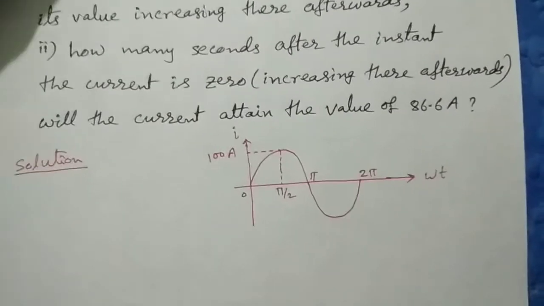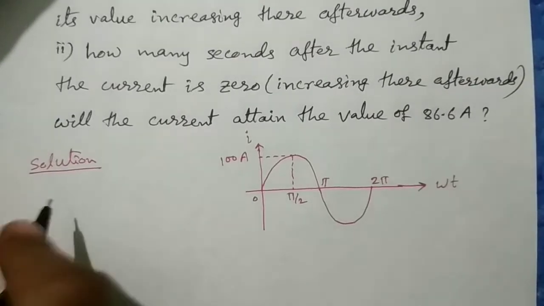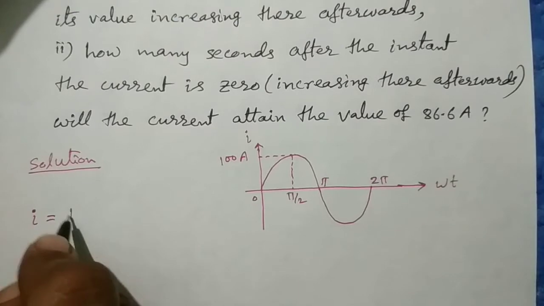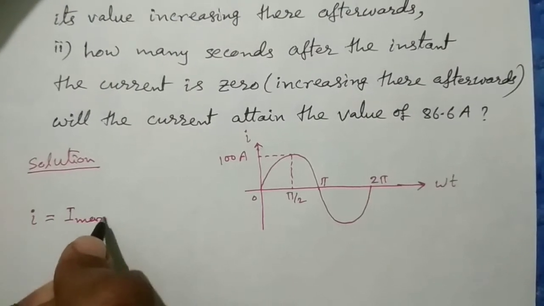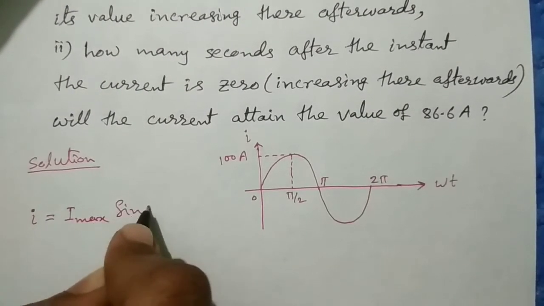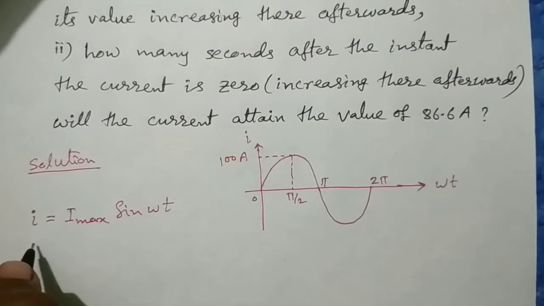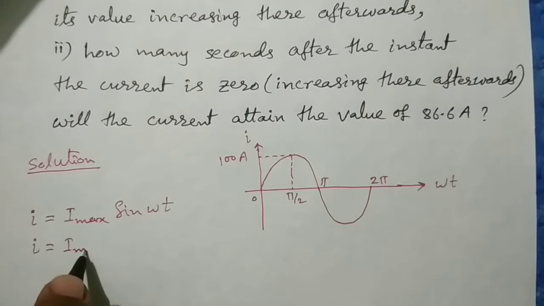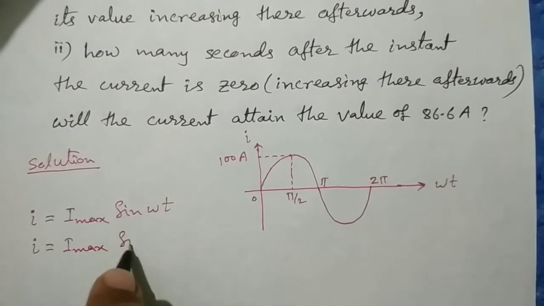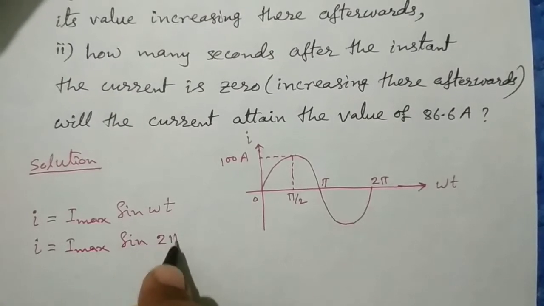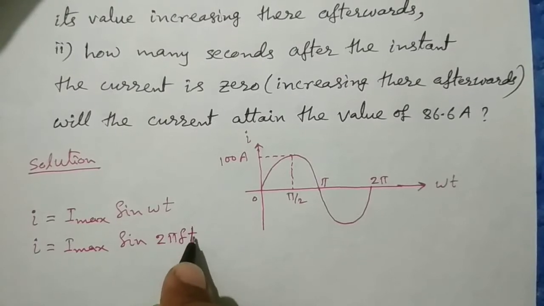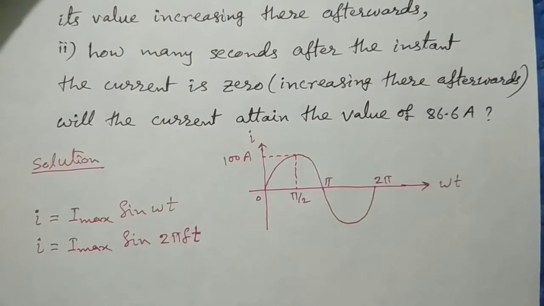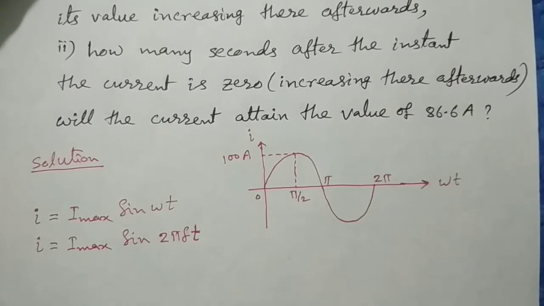As we know that an alternating quantity can be represented in the form of I equal to I max sine omega t, or we can write I equal to I max sine 2 pi f t, because omega is equal to 2 pi f that we have discussed earlier.